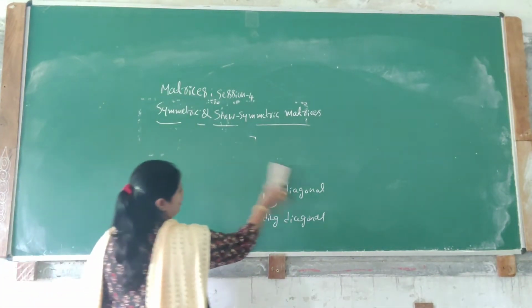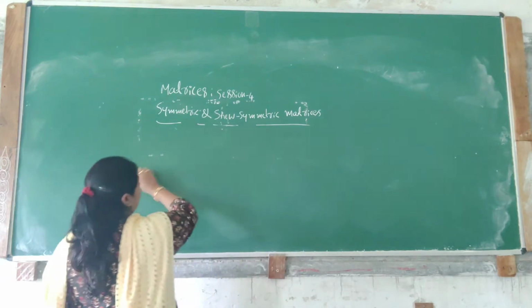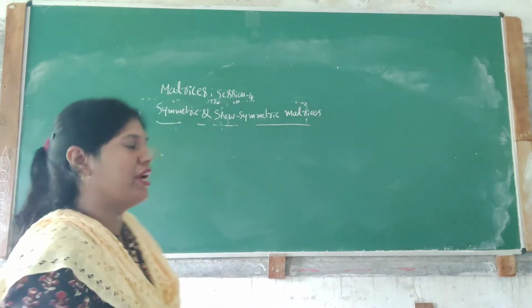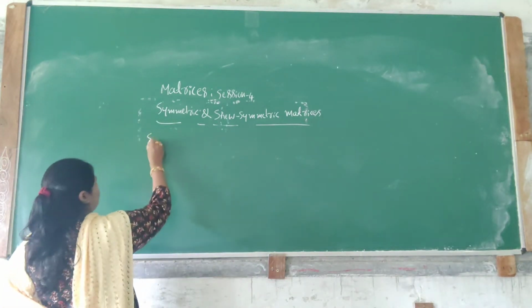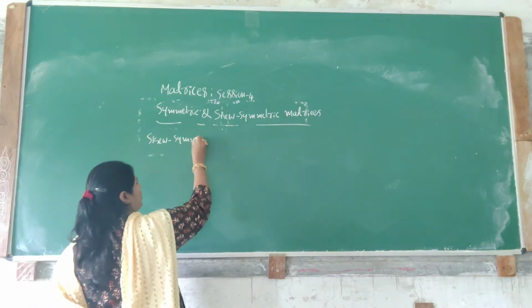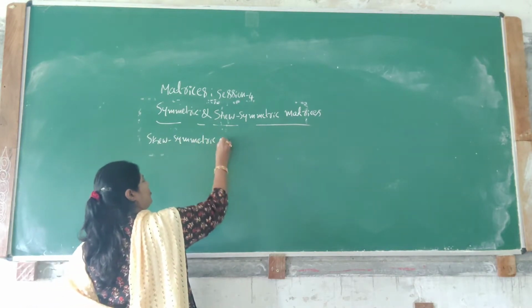There are so many examples you can give. Next one is the skew symmetric matrix.